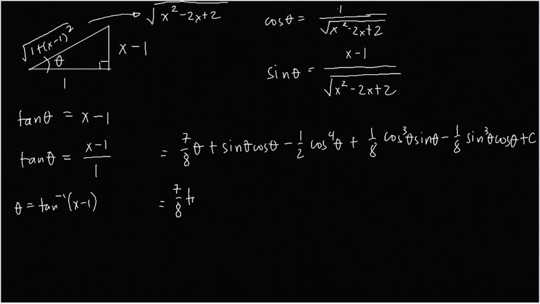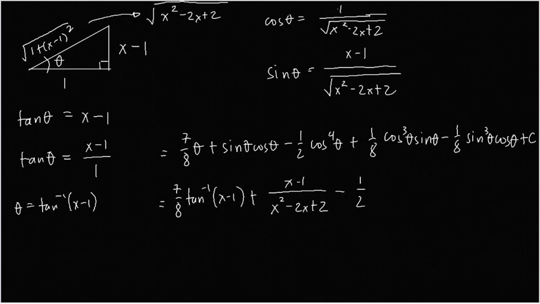So, this is arctangent of x minus 1 plus the product of sine theta and cosine theta. Pag pinag-times mo itong dalawang to, we will yield to x minus 1 divided by x squared minus 2x plus 2 because dalawang square yan na. Then minus 1/2 times cosine to the 4th power.